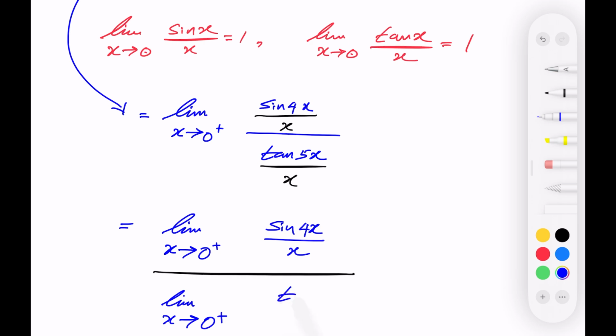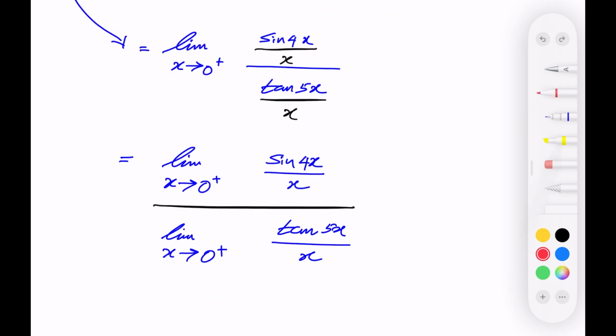We have tangent 5x divided by x. Now what I need is a 4 right here. I cannot change the question given, therefore I will write a 4 right here and also multiply that out like this. Similarly, I need a 5 right here. Since I cannot change the question given, I will write a 5 here and write another 5 there as well.